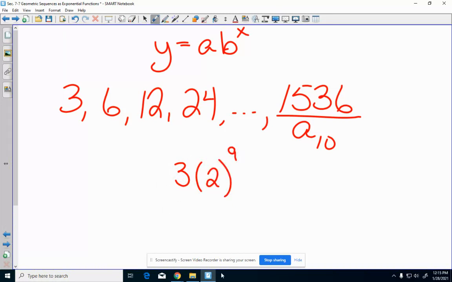Does that give you 1,536? What is the 3 being represented as? The start. What is the 2 being represented as? Good. What I'm multiplying by every time. Why 9? Why not 10? I asked you for 10.